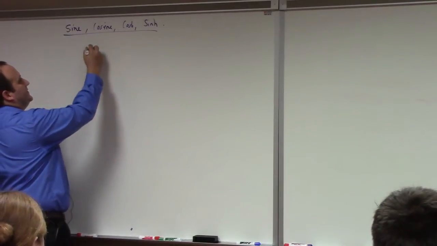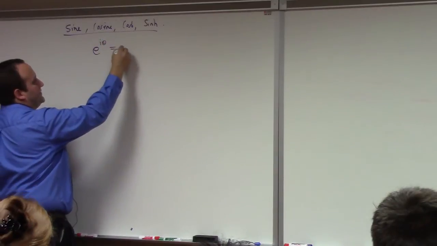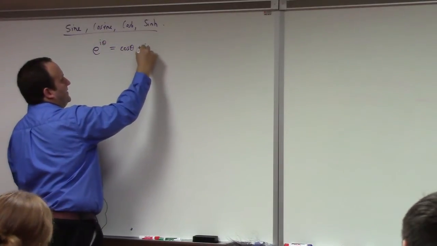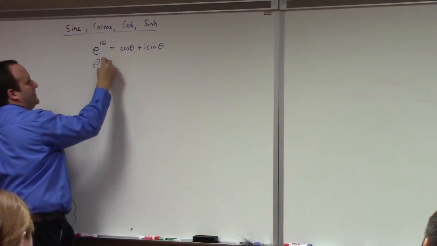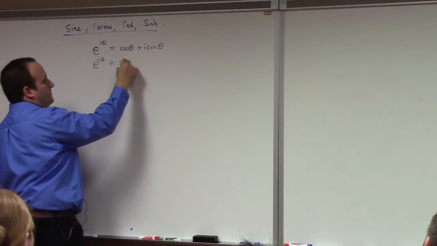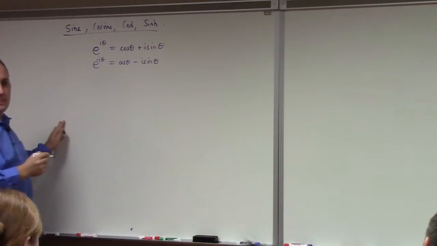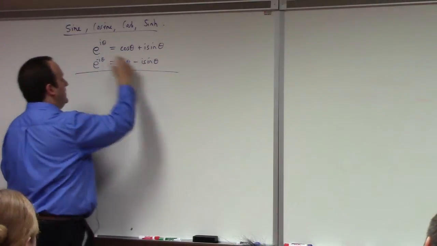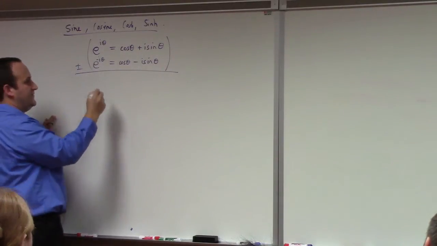So here's the starting point. If we have e to the i theta, right? That's cosine theta plus i sine theta, right? And if you think about this, e to the minus i theta is equal to cosine theta minus i sine theta by even-oddness of sine and cosine, right? So if you take these identities and you add and subtract them, what does it give you?